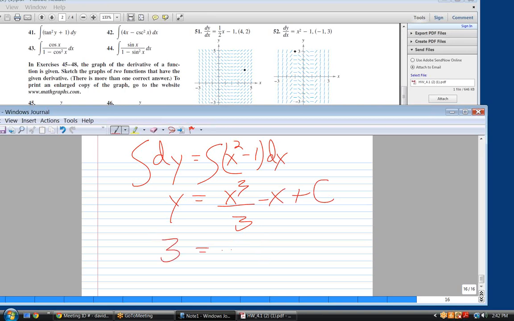We get 3 equals negative 1 cubed is negative 1 over 3 plus 1 plus c. We get 2 and 1/3 is what c is.